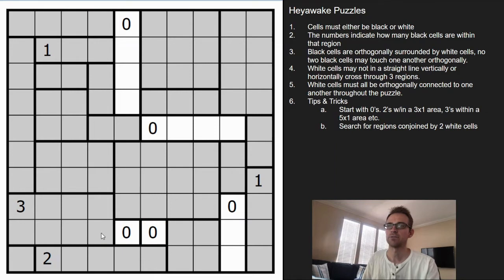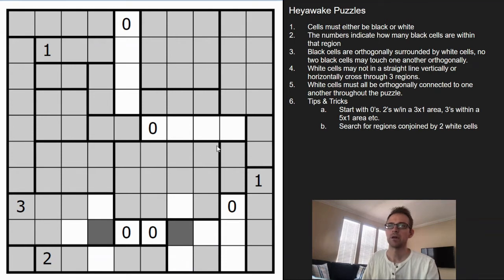And so we have to make that a black cell. And the same can be said in the other direction as well. We can't make this a white cell, otherwise it'd be three regions conjoined vertically or horizontally by the white cells. Now that we have the black cells in there, the shaded ones are always going to be surrounded by white cells orthogonally, so we can color those in.